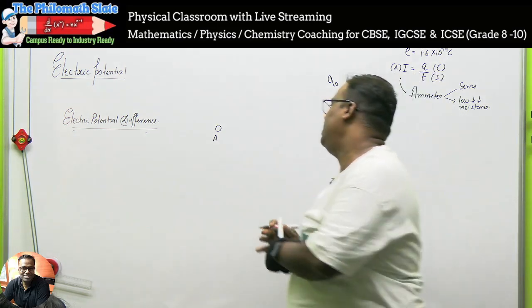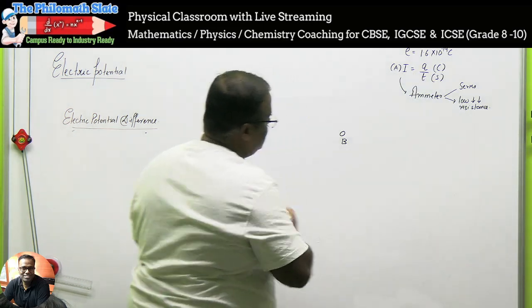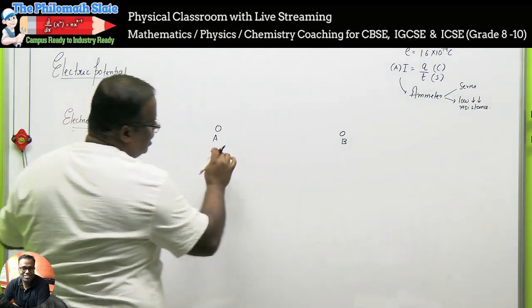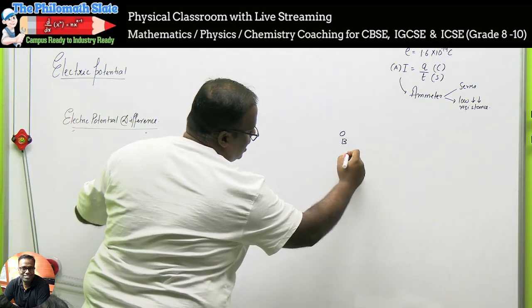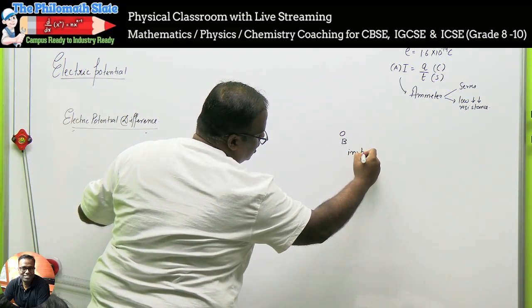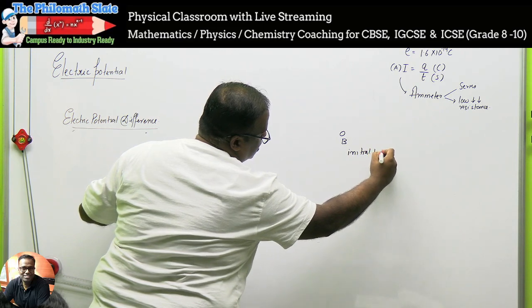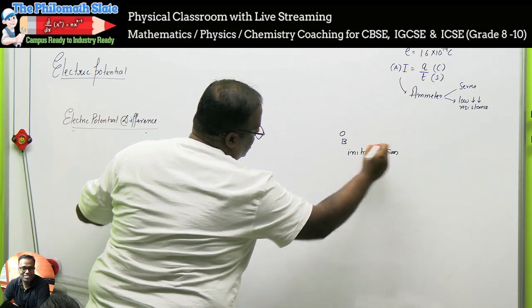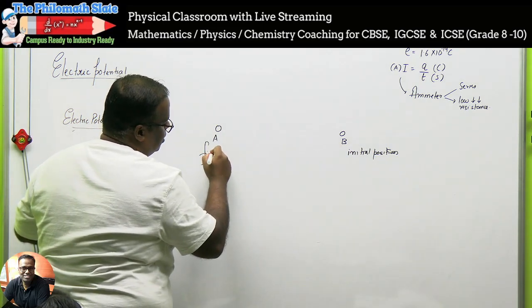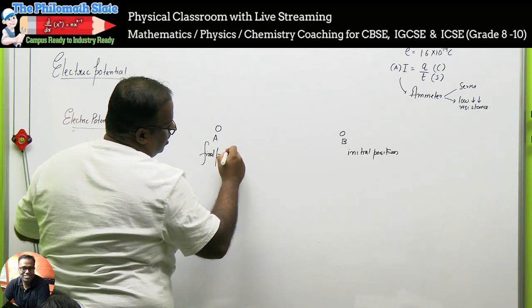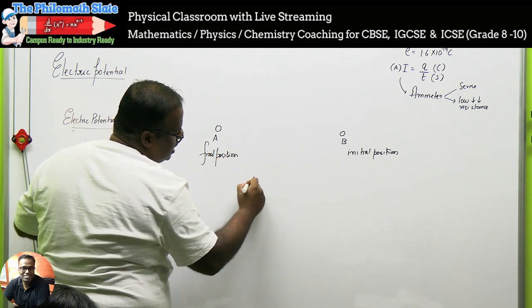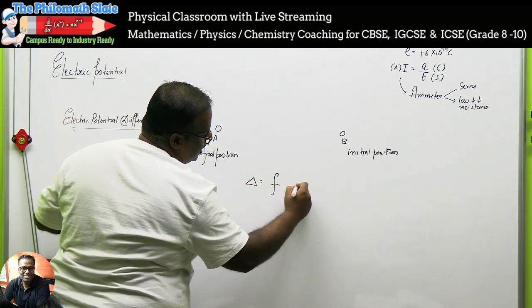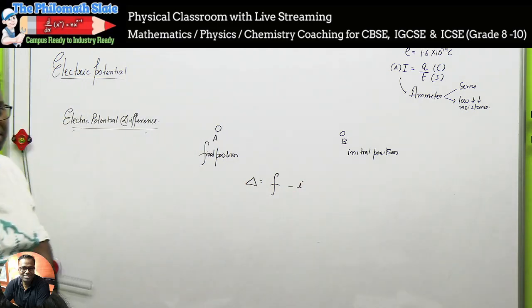The concept of electric potential difference is something like this, that you want to measure the potential difference between A and B. So B को हमने initial ले लिया, initial position ले लिया, ठीक है, और A को क्या ले लिया? Final position. Okay. Remember children, in physics any difference is always final minus initial. Any difference is final minus initial.